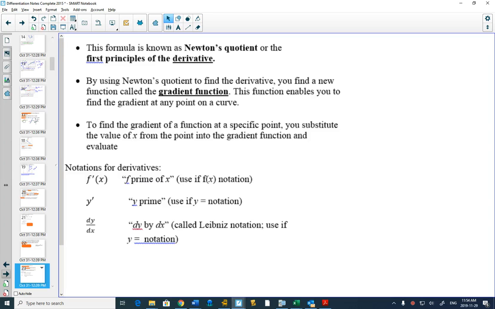Gradient is another word for slope. And so you can find a function that can find slopes of tangent lines. Again, calculus is about finding slopes of tangent lines.